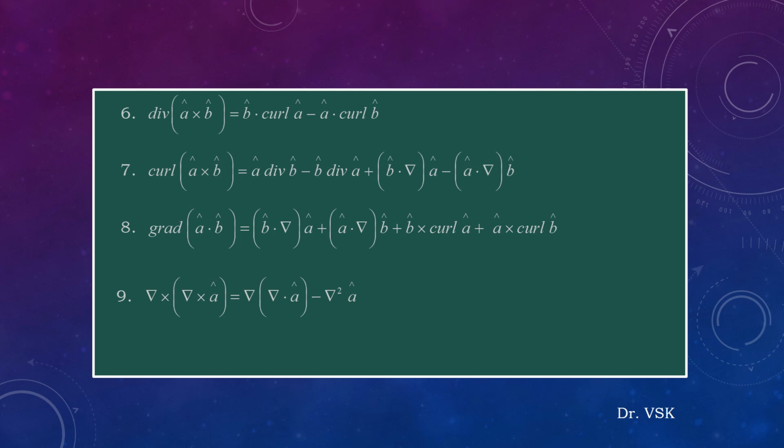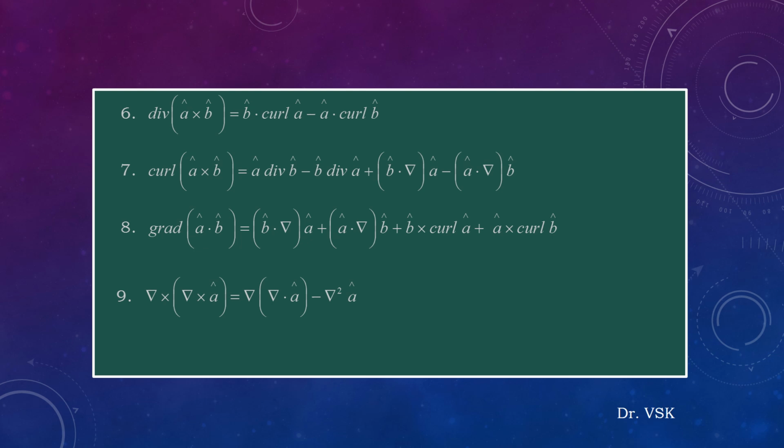Coming to the RHS of this vector identity, it is A cap div B cap minus B cap div A cap plus B cap dot del A cap minus A cap dot del B cap.